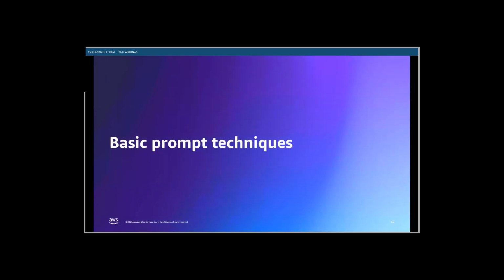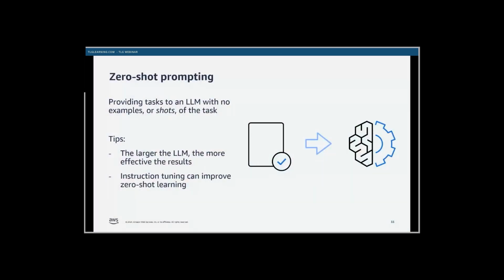Next, we're going to examine some basic prompt techniques. So we've looked at the best practices, being clear and concise and stating what output is desired and providing context and so on. There's some additional prompt techniques you could utilize. One of them is called zero shot prompting.